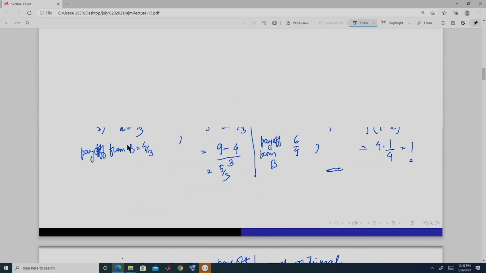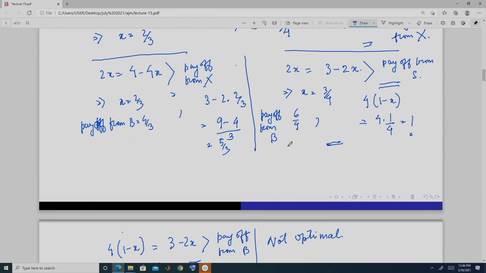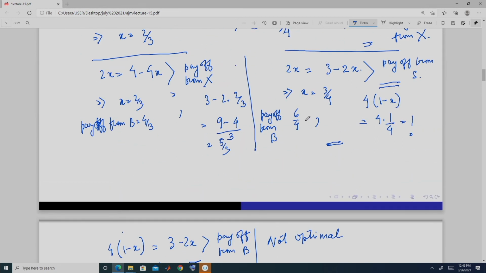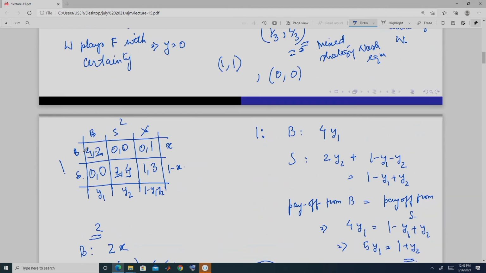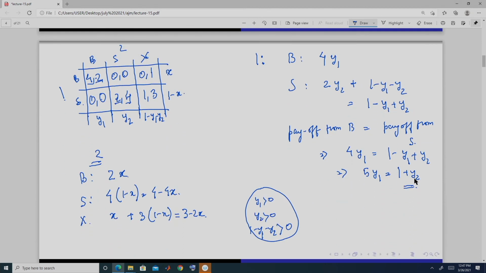So, from this what do we get? We get that only this is one possible outcome. Okay. So, if this is one possible outcome, that is when player 1 attaches probability 3/4 to this strategy and 1/4 to this strategy, then player 2 plays this with some probability and this with some probability and this with 0 probability. So, here plug in Y2 is equal to 0.